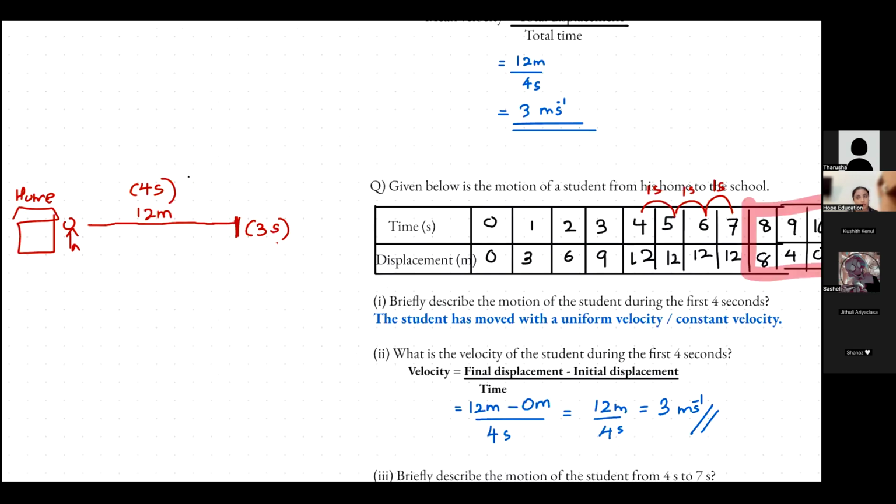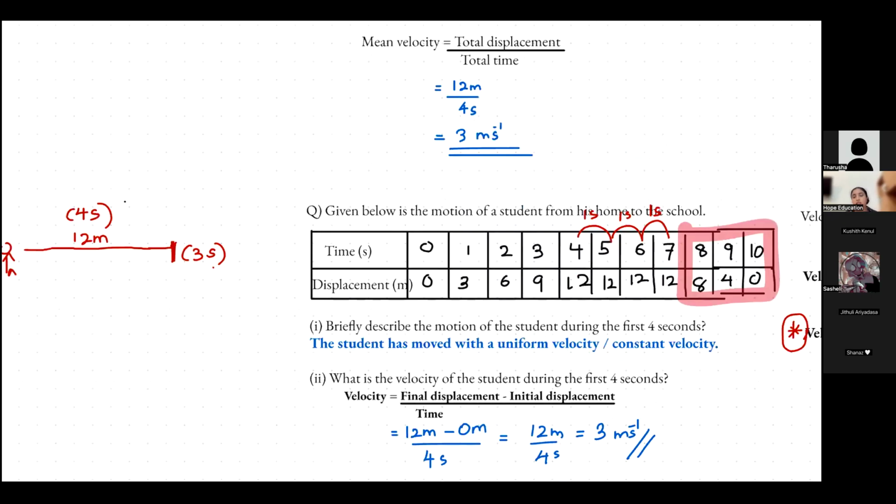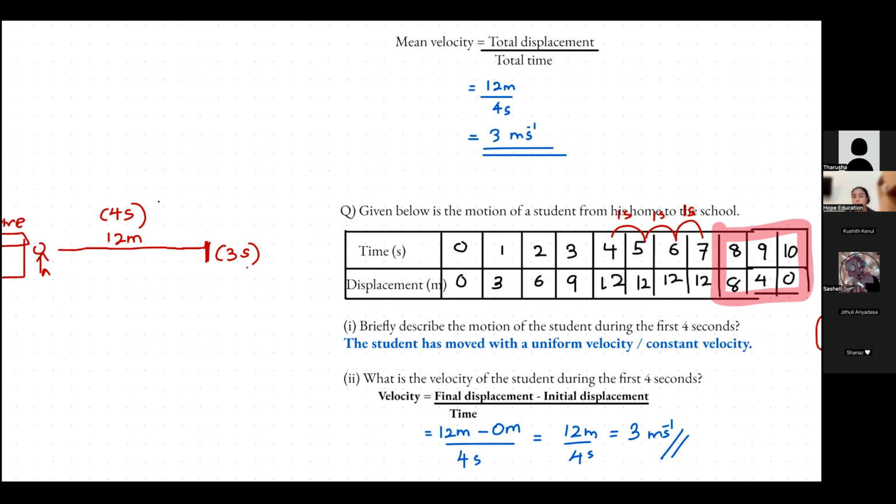Did you understand? From 0 second to the 4th second, that means for a duration of 4 seconds, the student has moved 12 meters. Then from the 4th second to the 7th second, 4, 5, 6, 7, for 3 seconds the displacement has not changed. That means for 3 seconds, the student has not moved.